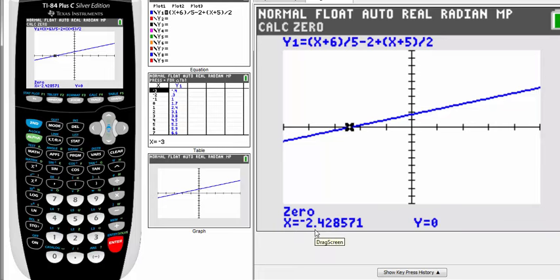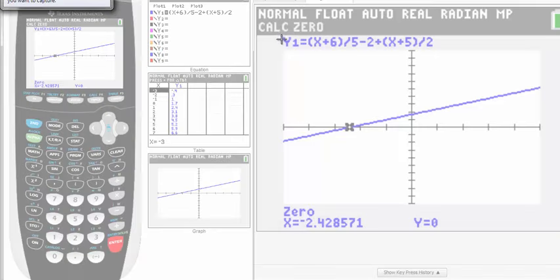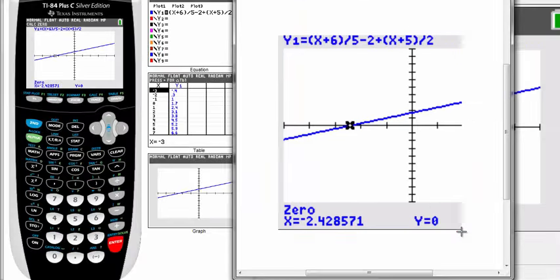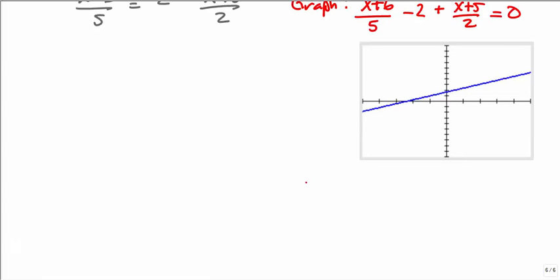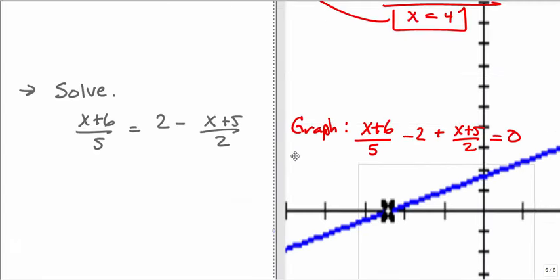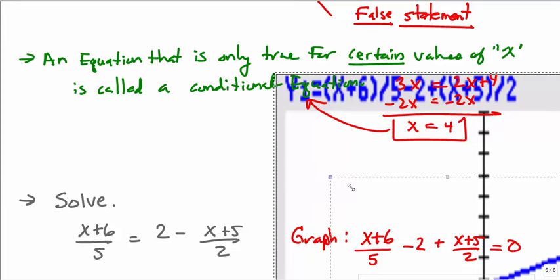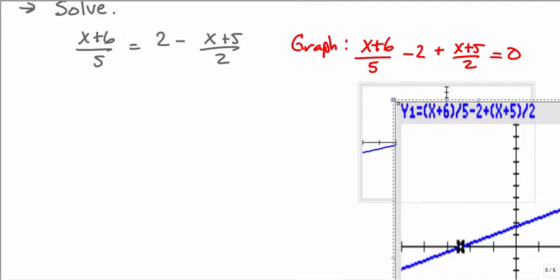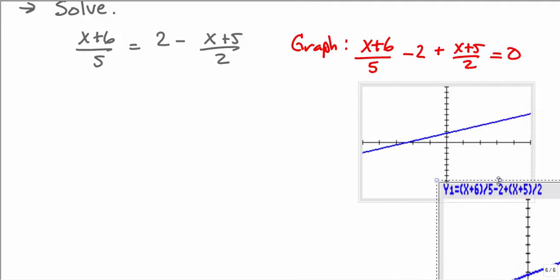And I get my 0 to be a negative 2.428571. So when I get all done with my problem here, I should be able to double check what I get for my answer, and as a decimal approximation, it should match what we just found using the 0 function on our calculators.